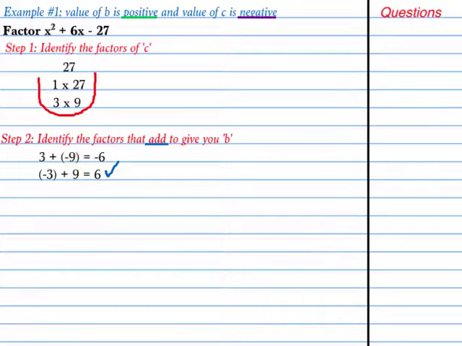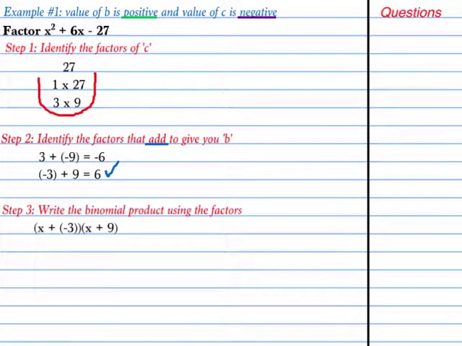Negative 3 plus 9 gives me that positive 6 for my b term. I want to go ahead and write the binomial using these two factors. So I'm going to start with x plus a negative 3 and x plus 9. Now I do want to go ahead and simplify this so I don't have a plus and negative here. And that gives me x minus 3 times x plus 9.